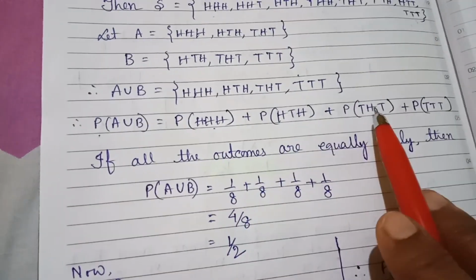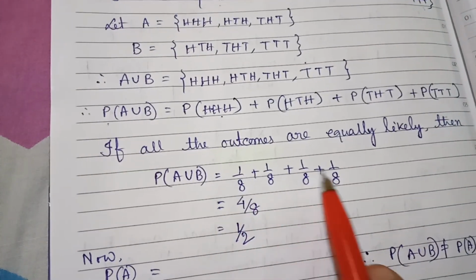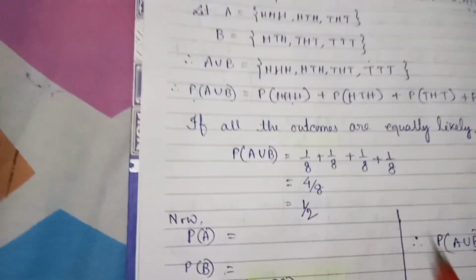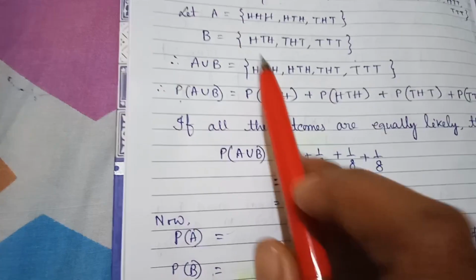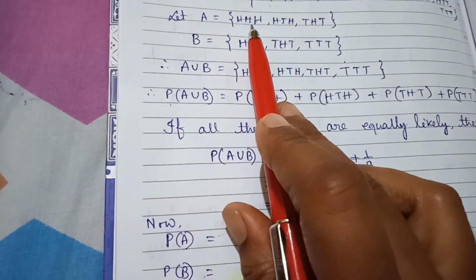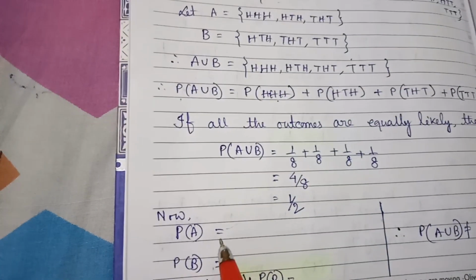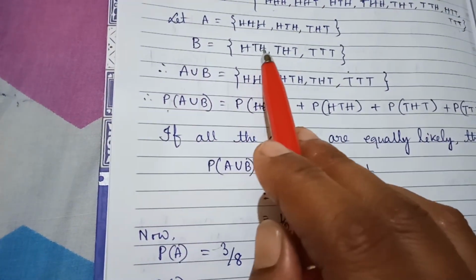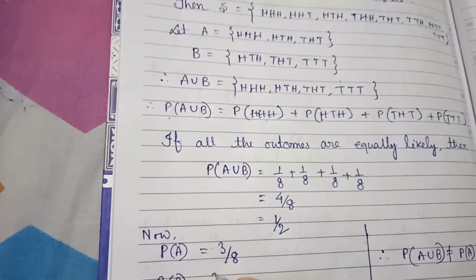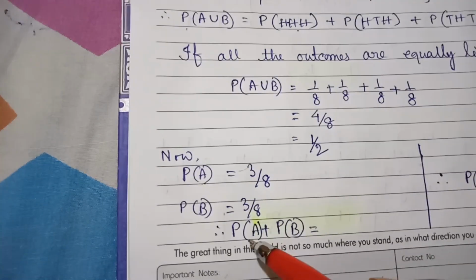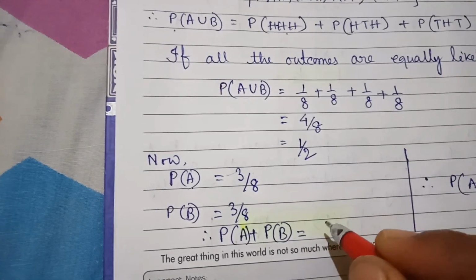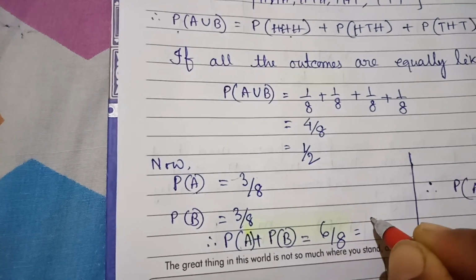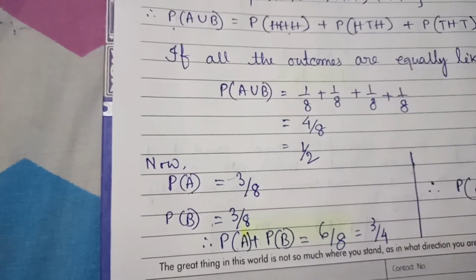Ultimately added together, we are getting the result as half. Now what will be P of A? P of A we can find from here, 1 by 8, 1 by 8 and 1 by 8, that means it will be 3 by 8. Similarly P of B also will be 3 by 8. That means P of A plus P of B will be 6 by 8. 6 by 8 means 3 by 4.